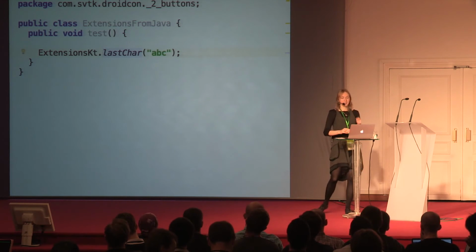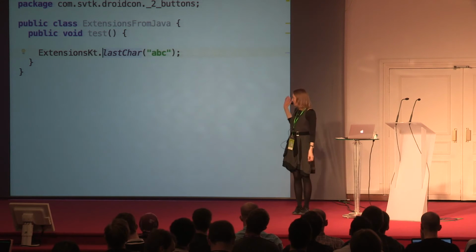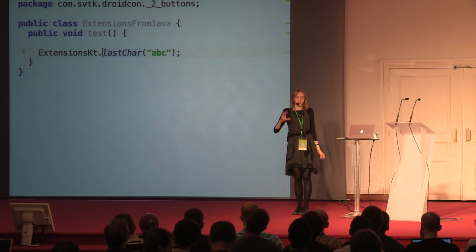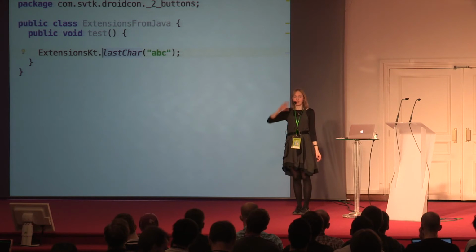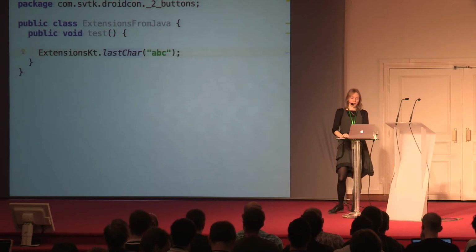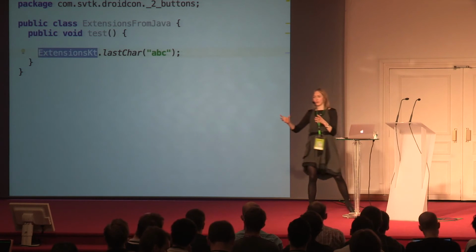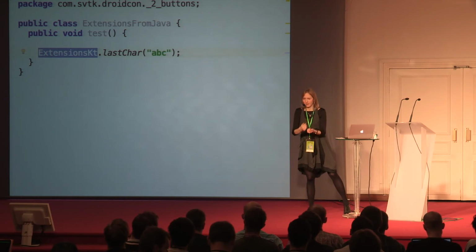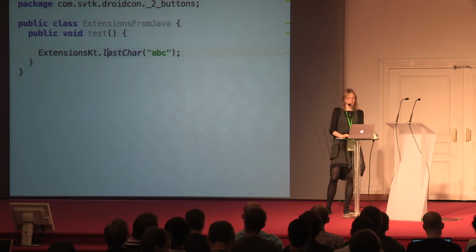As you saw already, in Kotlin you can declare functions at the top level, and these functions become just static functions in your Java application. They are put in a class corresponding to the file name, like here. In Java, it looks like normal Java.